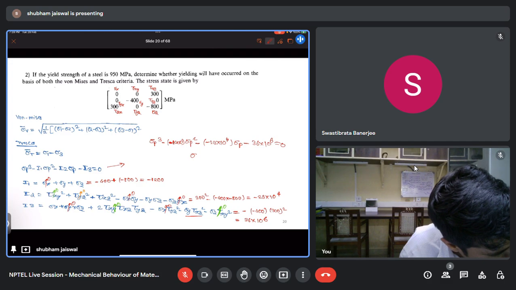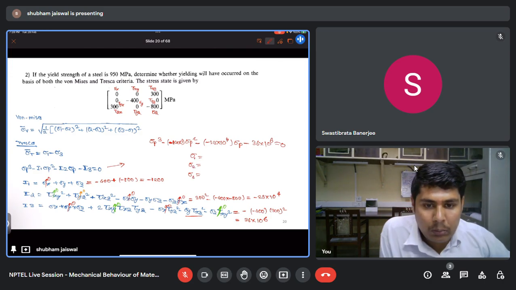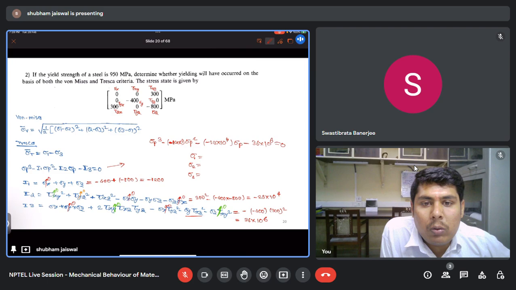Now tell me the roots of this equation. Swativrata, please find out the roots for this equation.